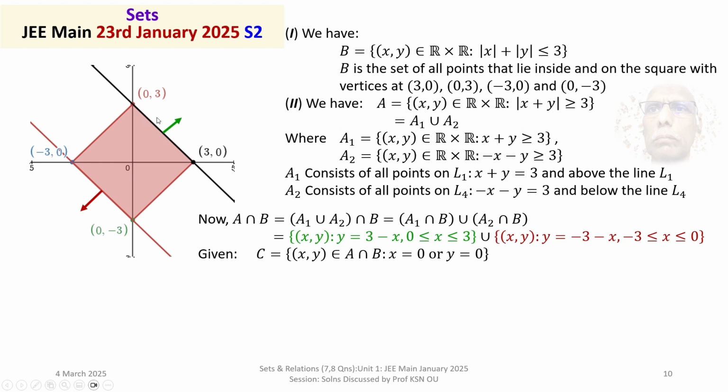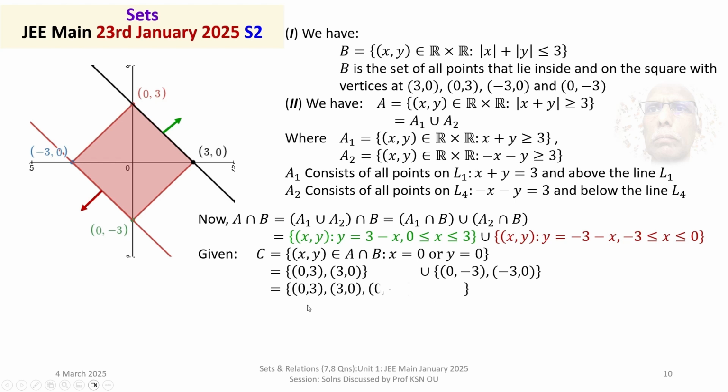For x is equal to 0 or y is equal to 0, 0 comma 3 or 3 comma 0. And on this segment, they are minus 3 comma 0, 0 comma minus 3. So, C consists of only these 4 points.